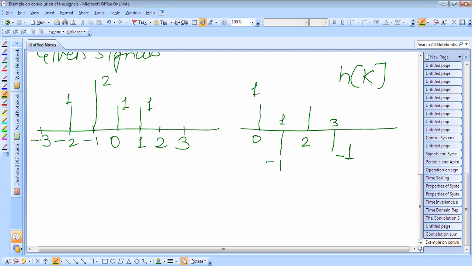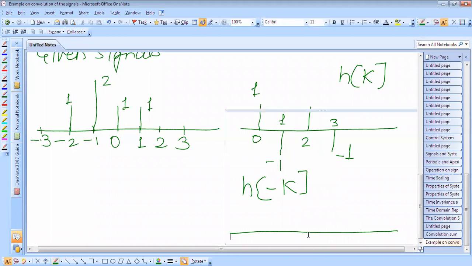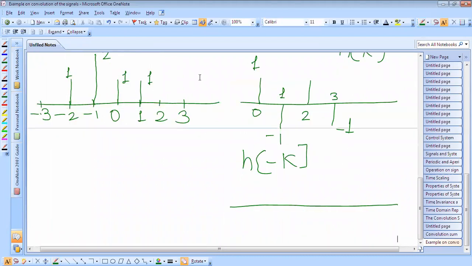Now we are requested here to find h of minus k. So this is a reflection. How can we draw this h of minus k? Just opposite to the h of k.